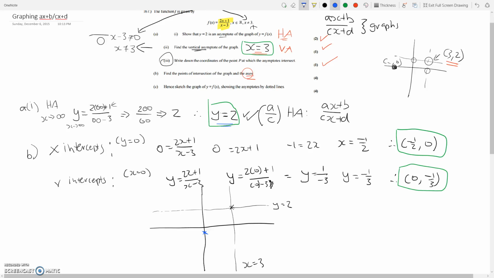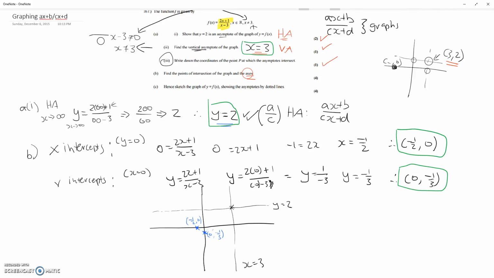And I've drawn the y-intercept at 0, comma minus 1 over 3, which would be at this particular place, and around about here would be minus 1 over 2, comma 0. So what we have here is all the points we need to sketch an ax plus b over cx plus d graph.